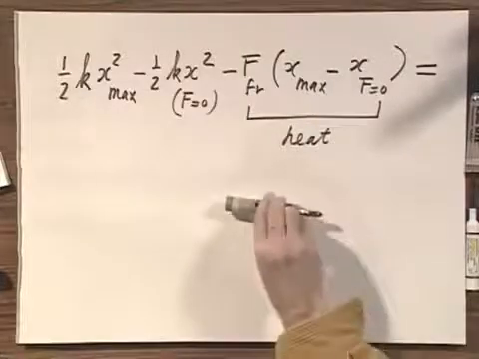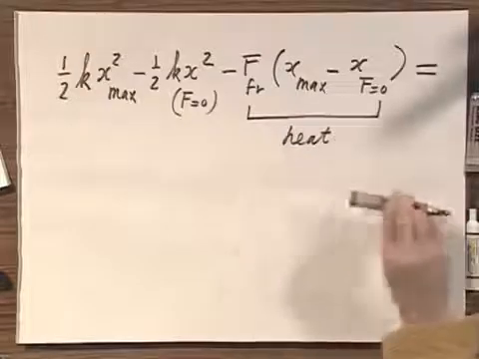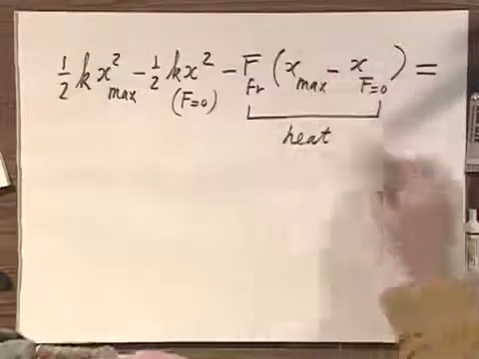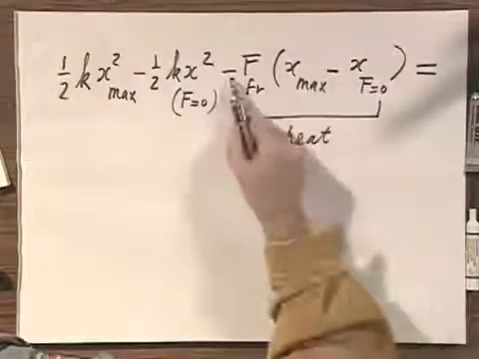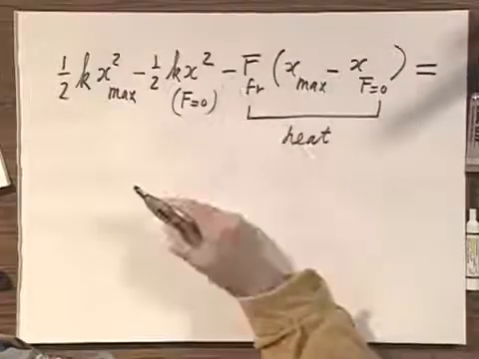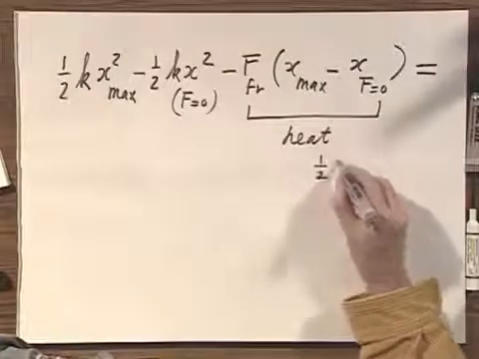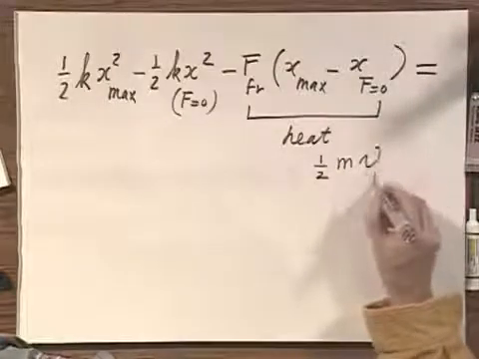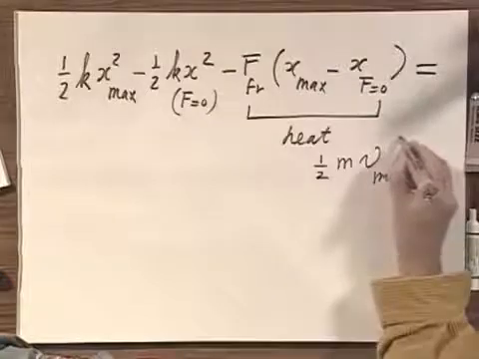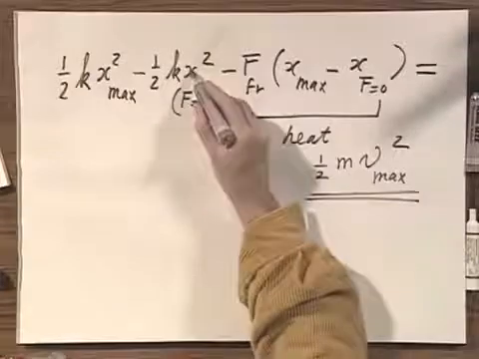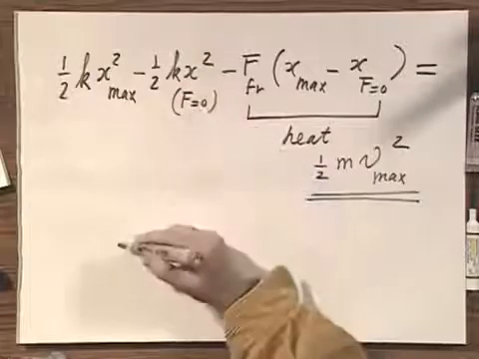Notice the frictional force is in this direction. The object moves in this direction. That's why energy is being sucked out of the system. The dot product is negative. You see this minus sign here. And this now would be equal to 1/2 m times v maximum squared. It would be the kinetic energy right at the location x where the forces are 0.